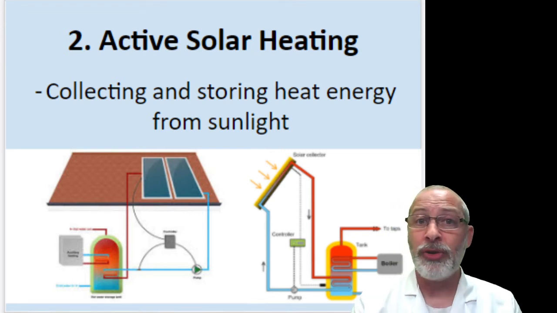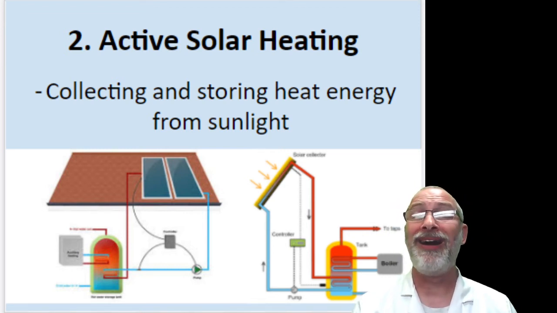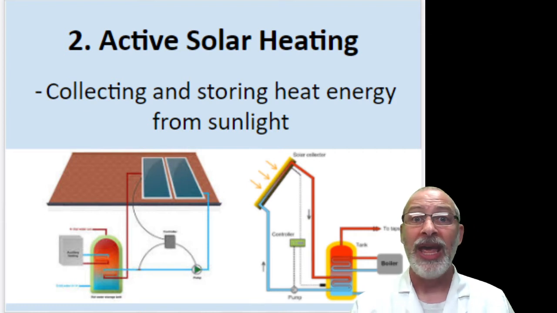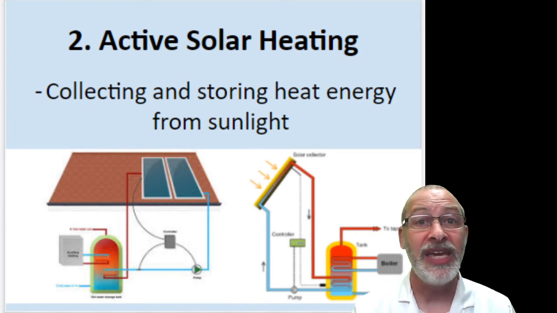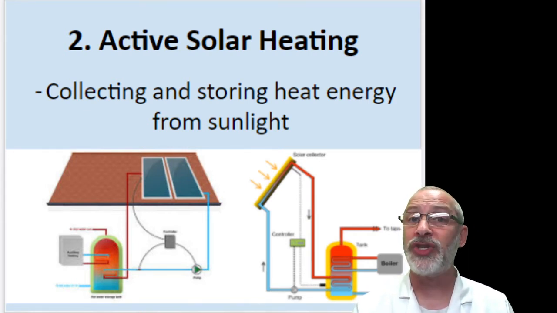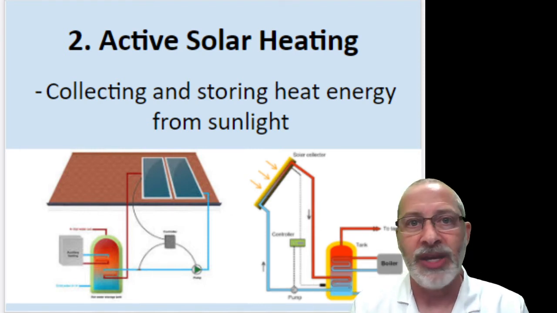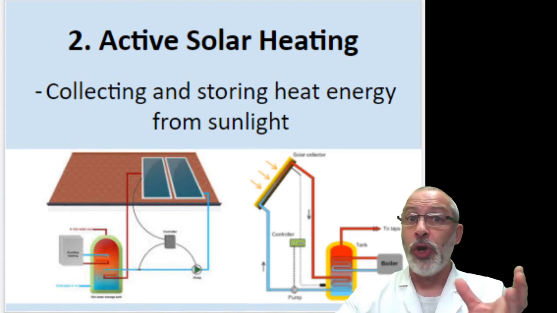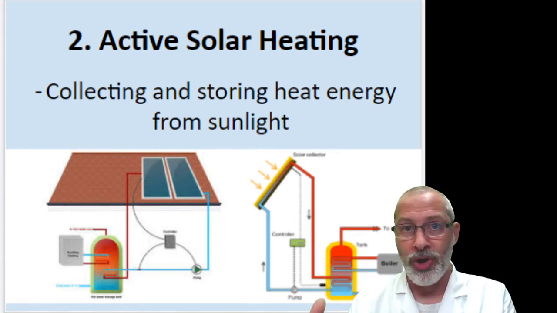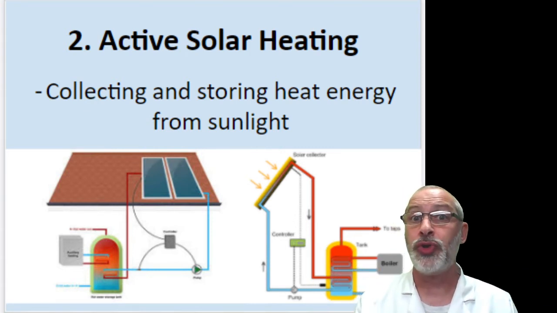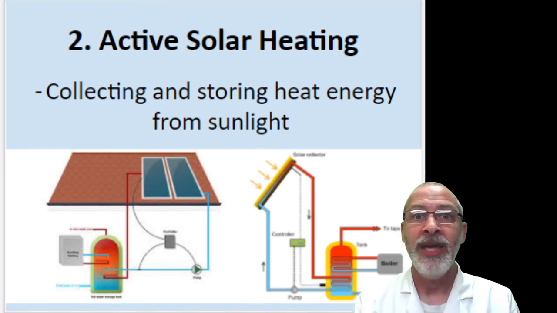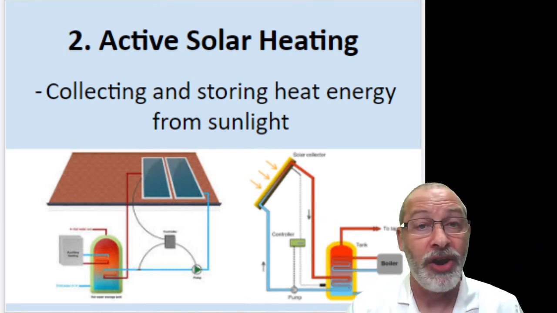And if you think back earlier in the year when we learned about heat energy and specific heat capacity, you may remember that certain materials like water have a high specific heat capacity. Takes a long time to warm them up, but then it takes a long time to cool down, as opposed to something like sand that heats up and cools down very quickly.